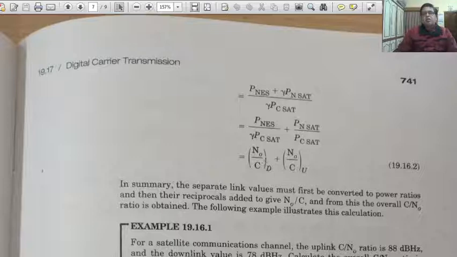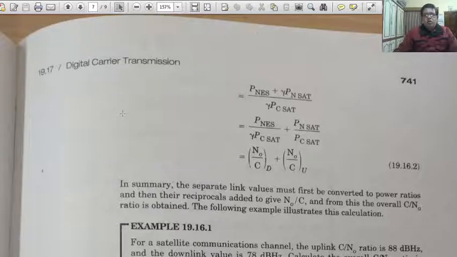That means downlink term and uplink term addition gives N0 upon C. In summary, the separate link values must first be converted to power ratios, and their reciprocals added give N0 upon C. And from this, the overall C upon N0 ratio is obtained.